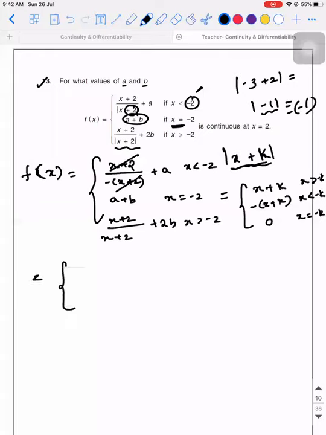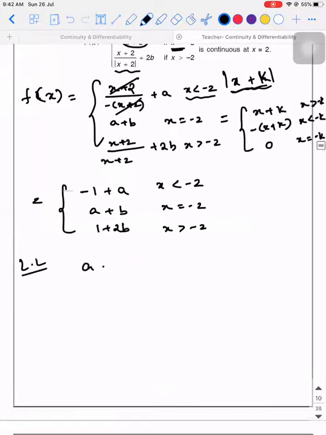You are able to cancel x plus 2 and x plus 2 only because x is not equal to minus 2. If x were equal to minus 2, you cannot cancel, because when you substitute minus 2, it becomes the 0 by 0 form. 0 by 0 is not defined. So minus 1 plus a, this is a plus b, and this is 1 plus 2b. This is for x less than minus 2, x equal to minus 2, x greater than minus 2. So what is the left limit?